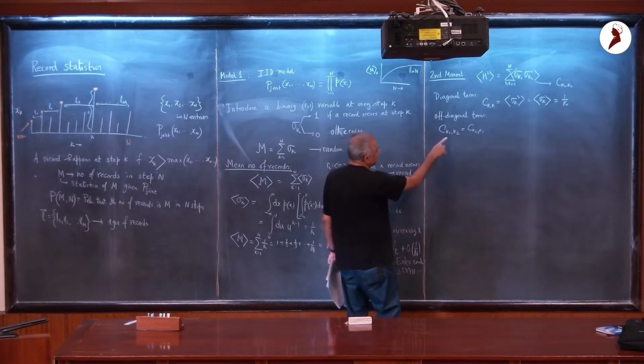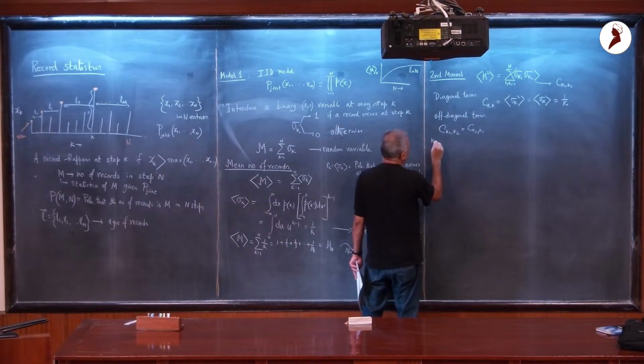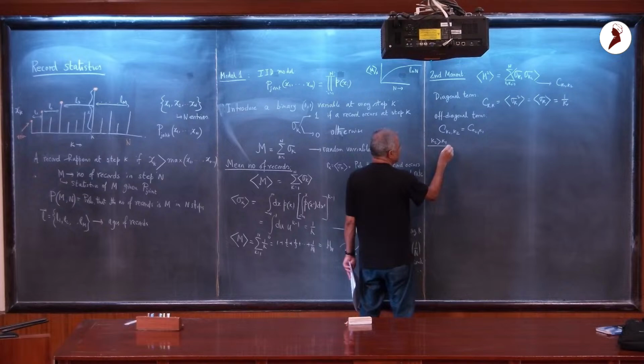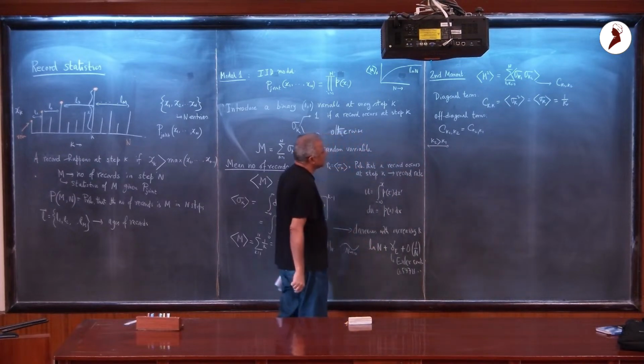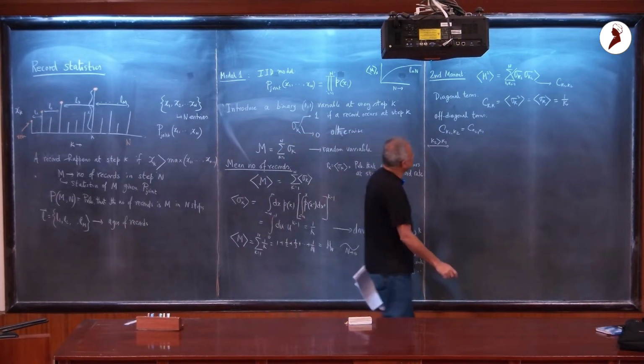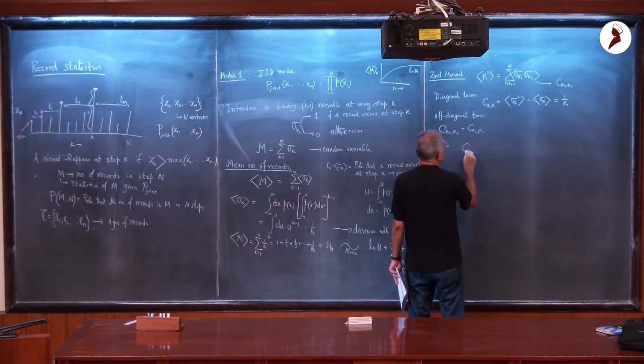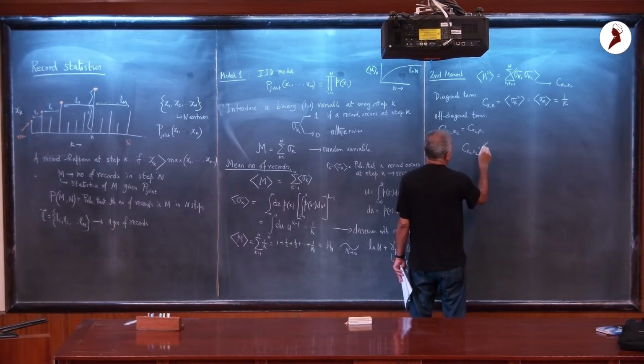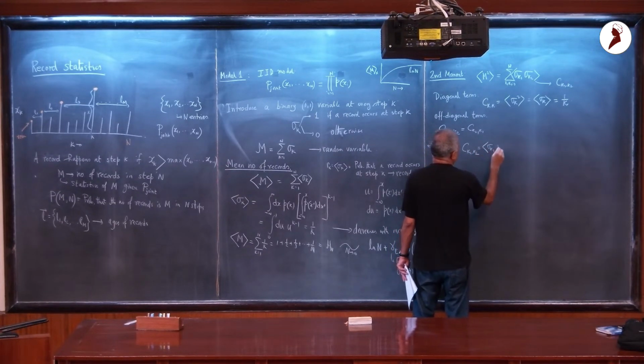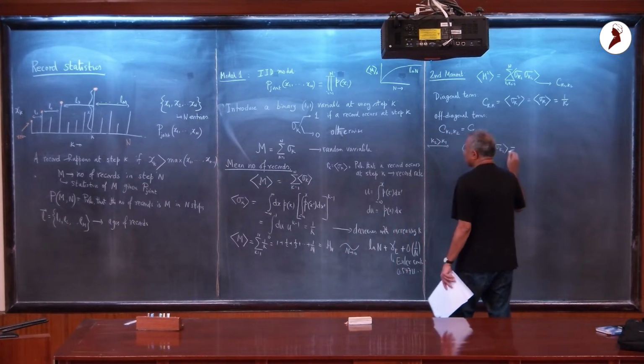So we can just consider k2 bigger than k1, because k1 less than k2 will be exactly identical. It's a symmetric matrix. So when k2 is bigger than k1, we want to calculate this object. How do I calculate that?